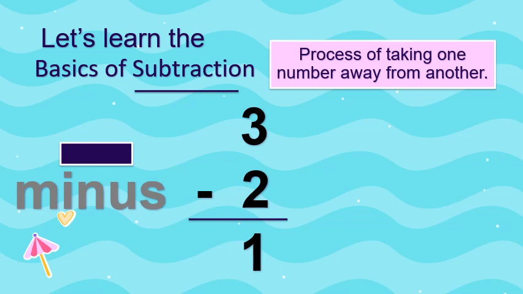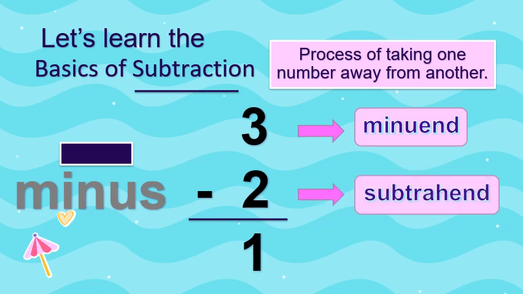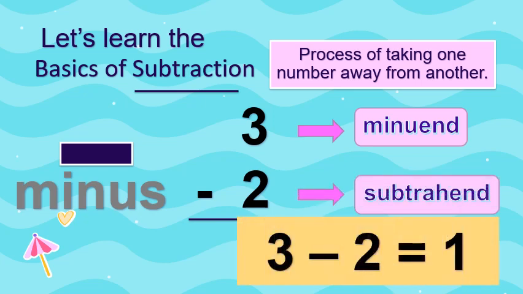3 is called the minuend. 2 is called the subtrahend. This is a number you're going to take away from the minuend. And the answer here is called the difference. Again, let's practice. Minuend, subtrahend, and difference.